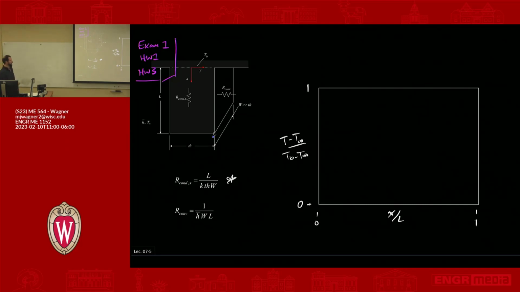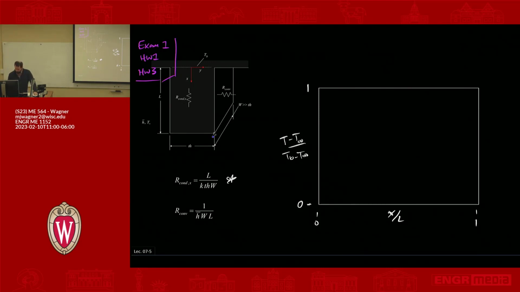So first, let's think about a case where the resistance to, which one should we do? Let's pick the resistance to conduction is much less than the resistance to convection. So heat can really easily move in the x direction, but struggles to convect away. So what would the temperature profile look like in that case?